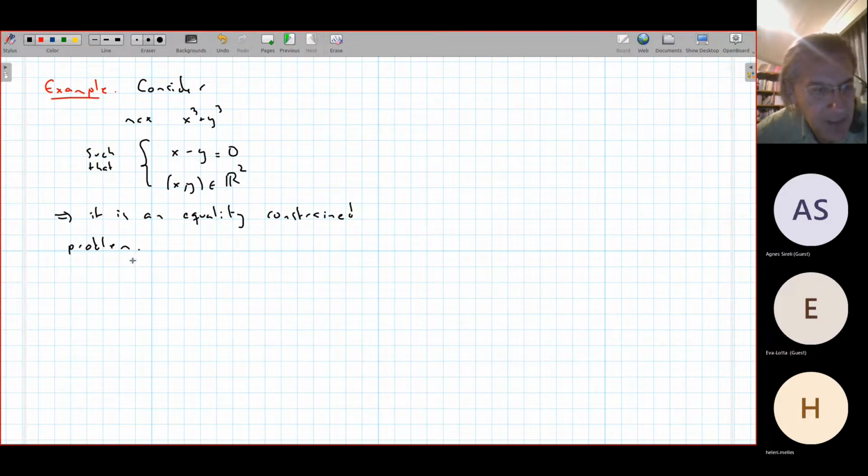And in our notation, the function f of x comma y in this case will be x cubed plus y cubed, and g of x comma y is x minus y.